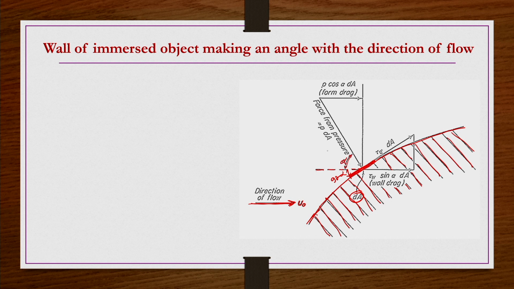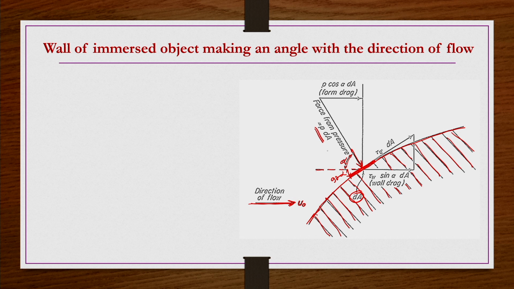Now, on this element, there are two components: one is the pressure component, another is the wall shear component. The pressure component acts normal to the surface, and that force is P into dA, the pressure multiplied by the area of the element.